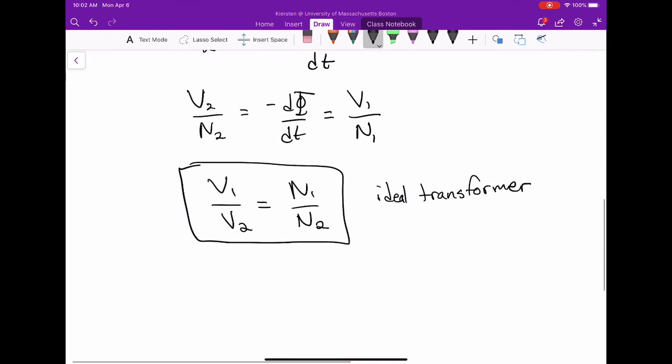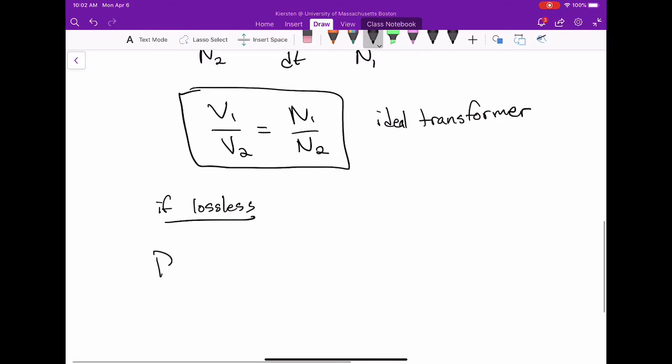So in an ideal lossless transformer, all the power that's delivered to the primary coil has to be delivered to the load on the secondary coil, because there's nowhere else for the power to go.